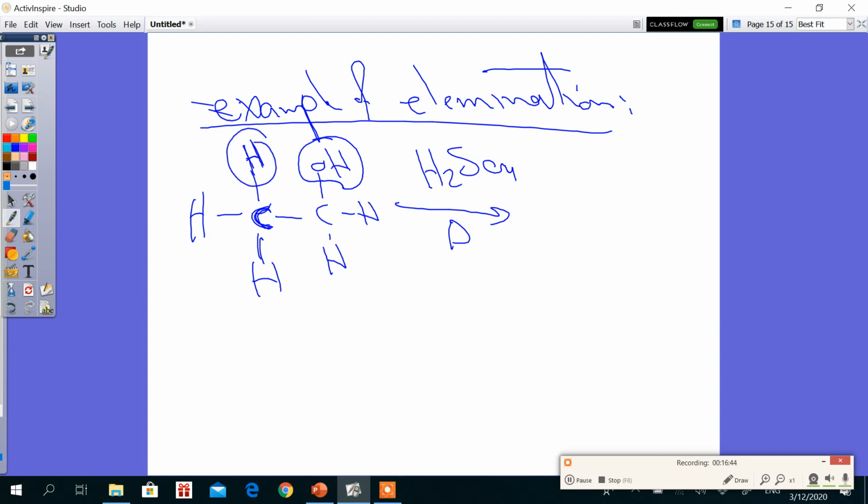We will take HOH and we will form a byproduct of water. That's elimination of water. And we will form a bond between the carbons with each other like that. When we eliminate H, we break that. When we eliminate OH, we break that. So the two electrons form one bond.